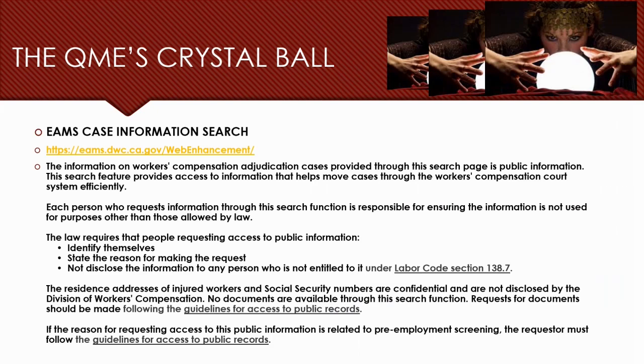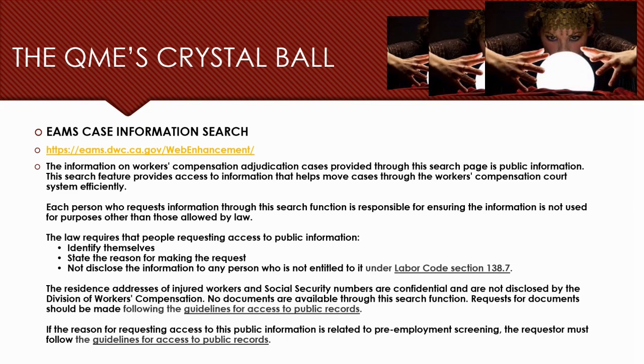Okay, so with regards to the EAMS case information search, I recommend that you do an EAMS search on each and every examinee, because many times one or more of the parties may not have an incentive to provide you with information regarding an examinee's prior history of industrial injuries.